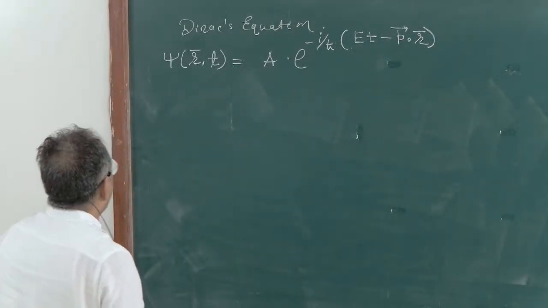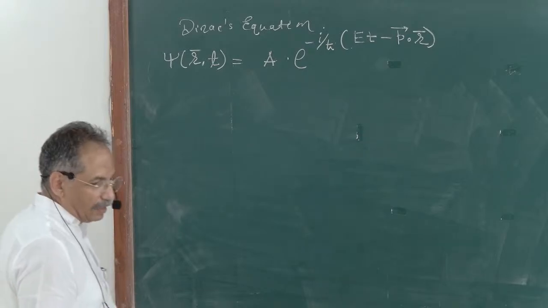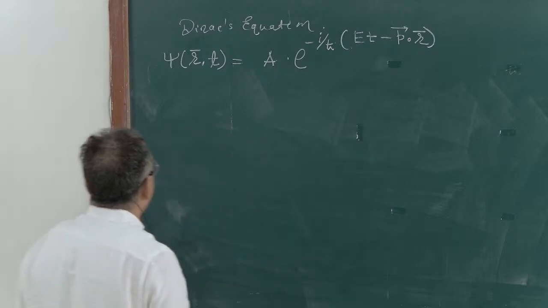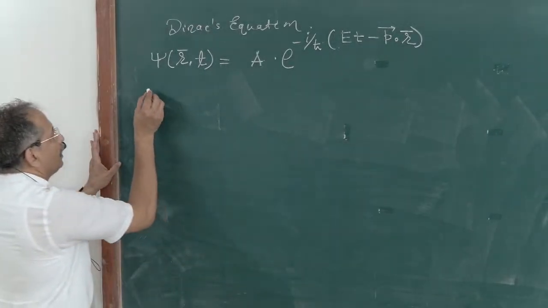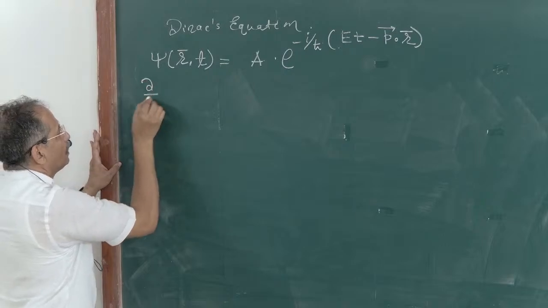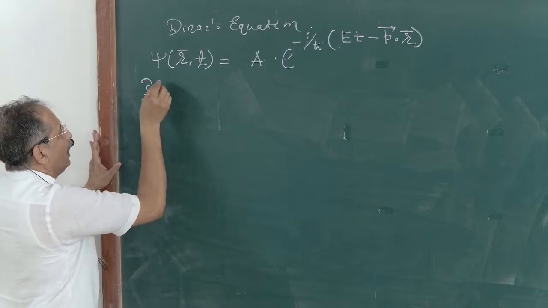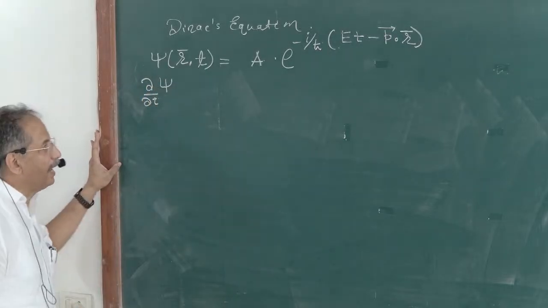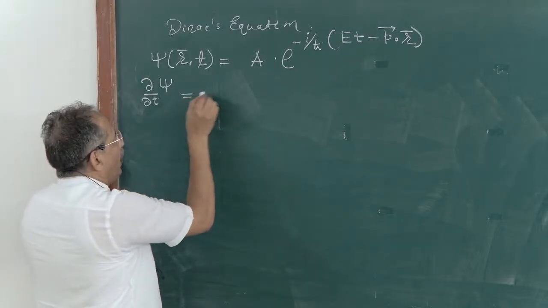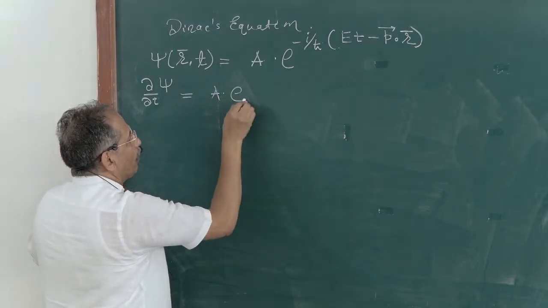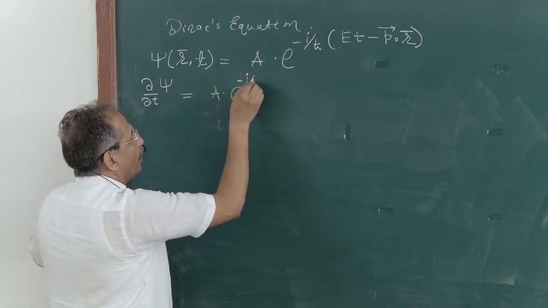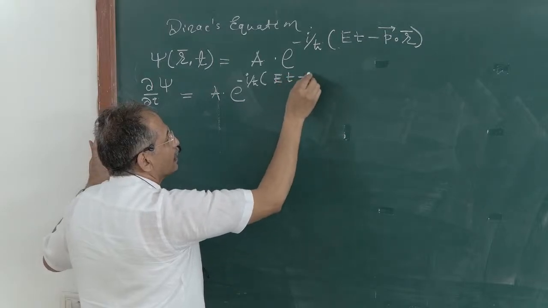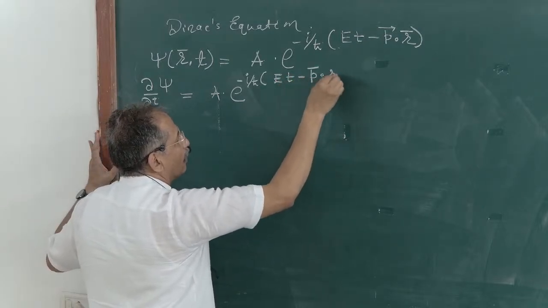Now, I want to develop operators, that is energy operator and momentum operator. For that, I am differentiating this wave function partially with respect to time, so that del t of psi, which is function of r and t, is equal to A into e to the power minus i upon h cross inside bracket Et minus p bar dot r bar.